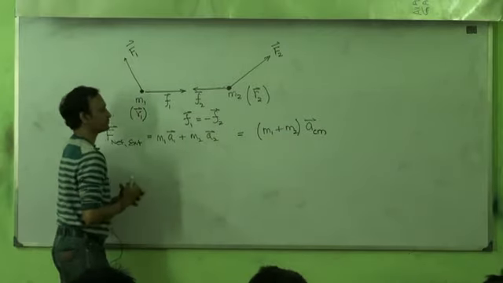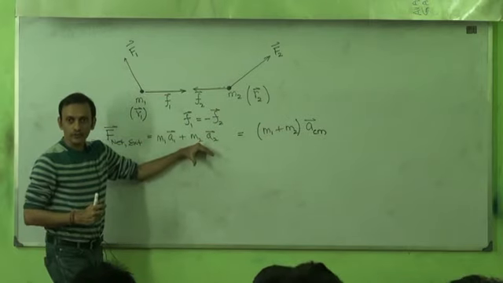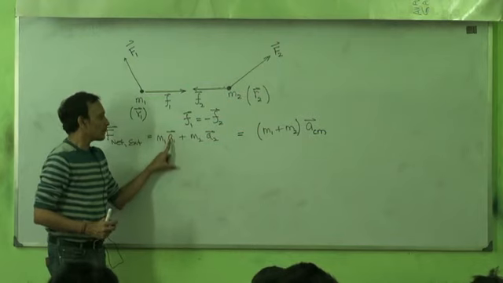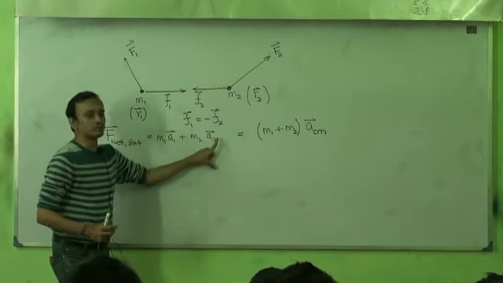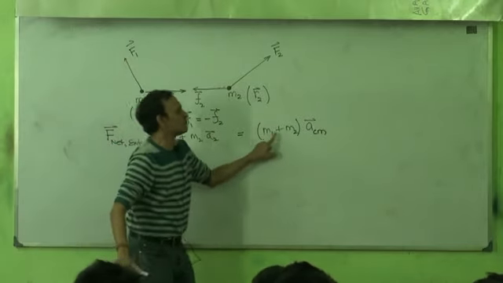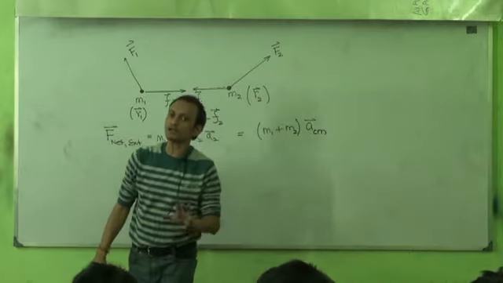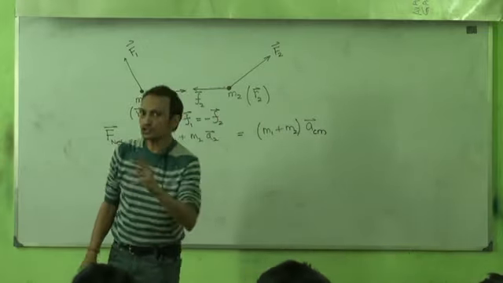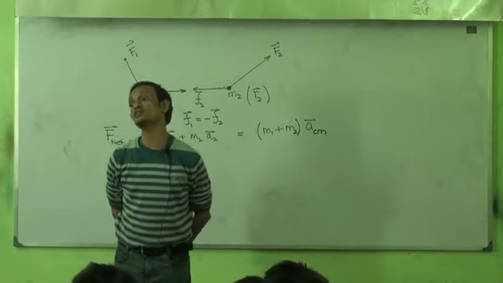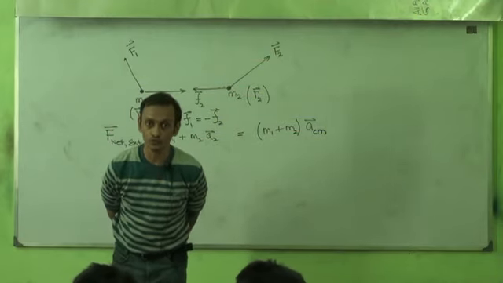So if I have two particles M1 and M2 acted upon by a certain force, and the accelerations of M1 and M2 are A1 and A2, then this combination could be replaced by one point particle of mass M1 plus M2 having an acceleration ACM. This notional position would be referred to as the center of mass position, or the center of mass particle of the collection M1 and M2.